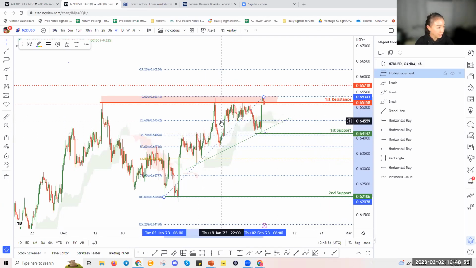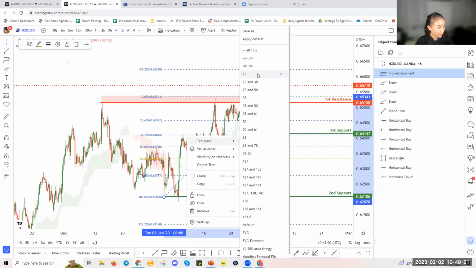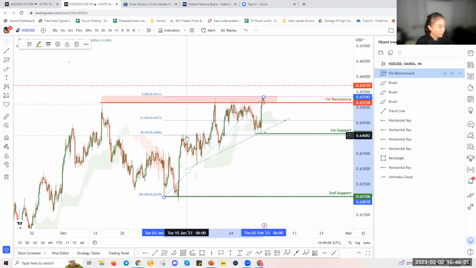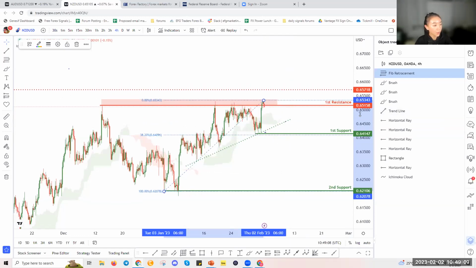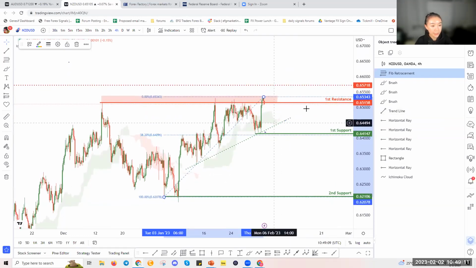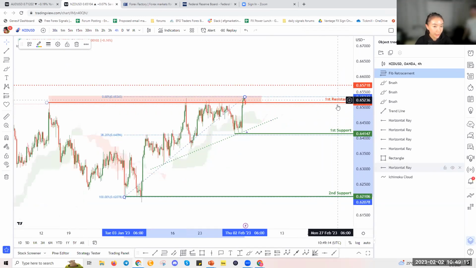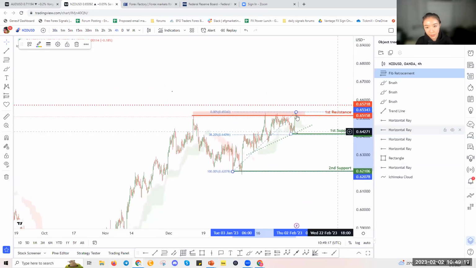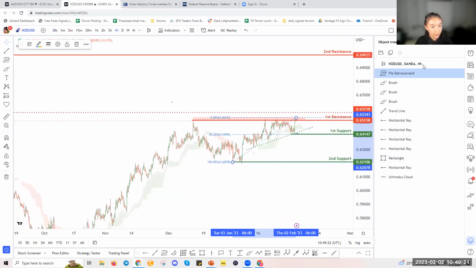So let's just leave it here. I'm hoping the price will break the first resistance level and head towards the intermediate resistance first before heading to the second resistance.